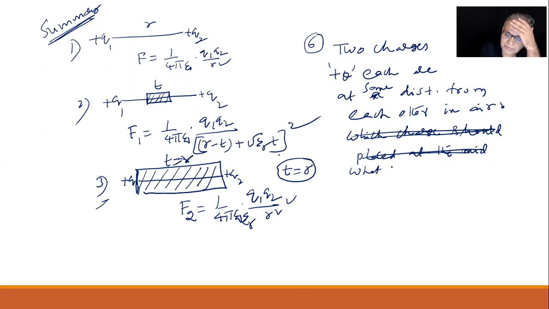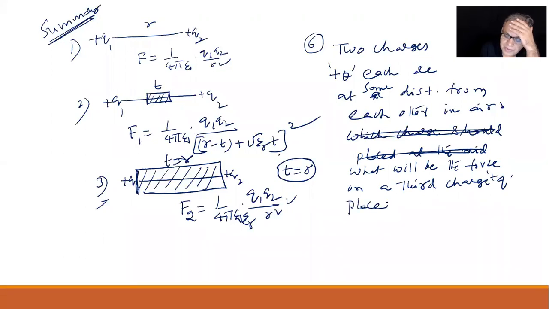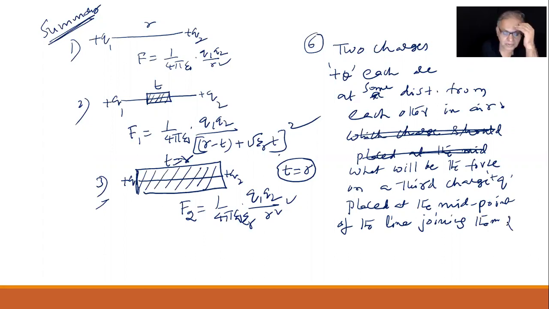What will be the force on a third charge plus q placed at the midpoint of the line joining them? So I cut down the other details of the question because I'll just split the sums into parts.